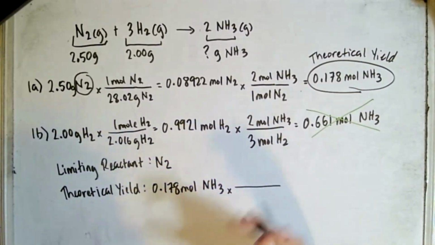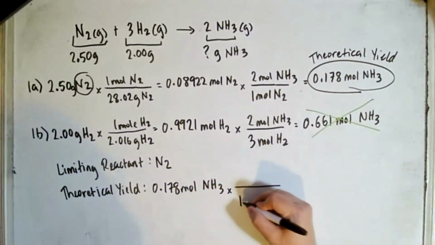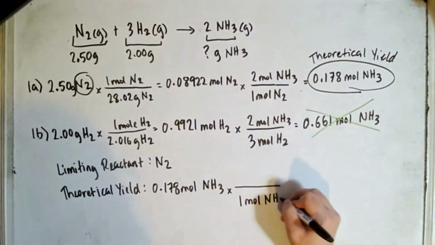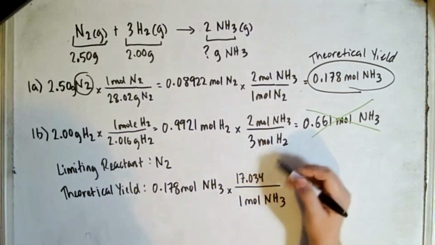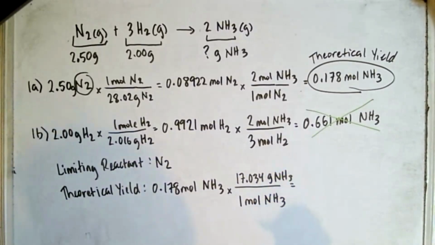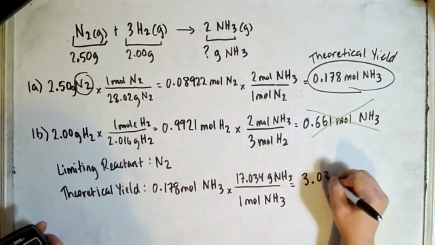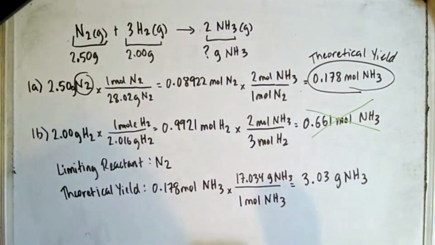So if our answer choices are in moles, then we're already done. But if our answer choices are in grams, then we're going to use the molar mass for ammonia, which we've calculated previously. And we'll end up forming 3.03 grams of ammonia from that.